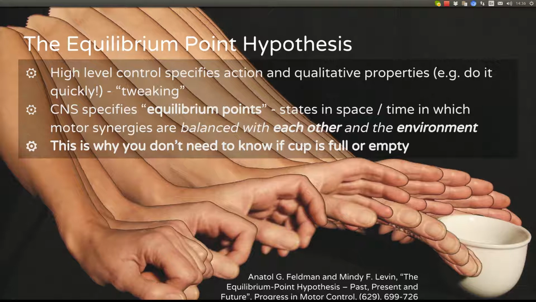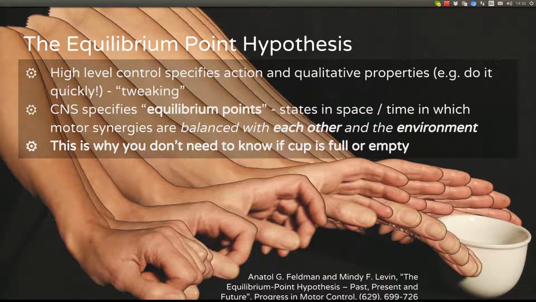The way this is often referred to is tweaking. It doesn't actually say how to achieve the goal. It says qualitatively how to change or adjust or adapt the motion in order to achieve the same goal. Now, how that's described mathematically is that the central nervous system, through the electrochemical process, is specifying equilibrium points.